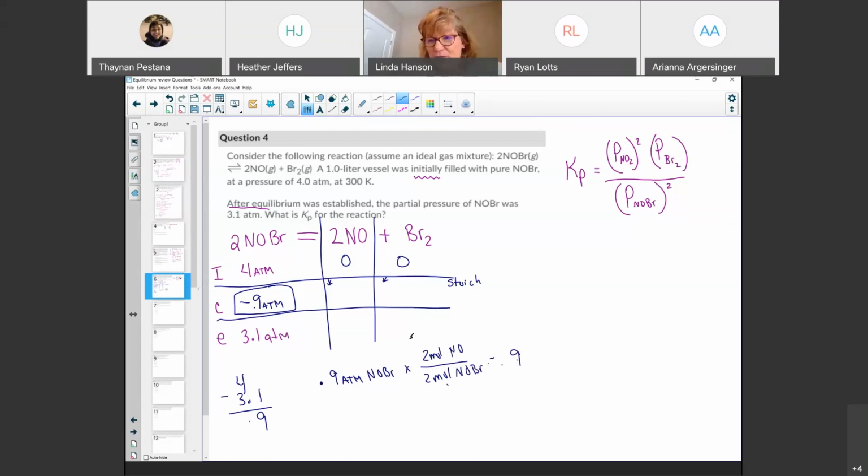So that's the same number. It's a 1 to 1 or a 2 to 2. If this decreases by 0.9, this is going to increase by 0.9 because the coefficients are the same.